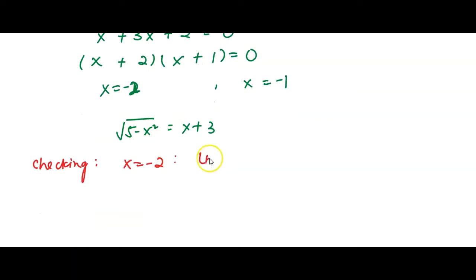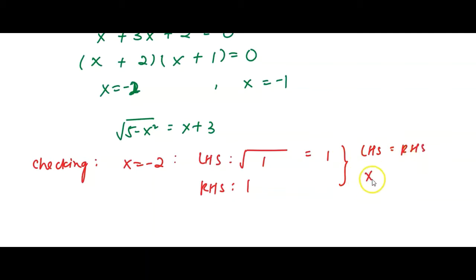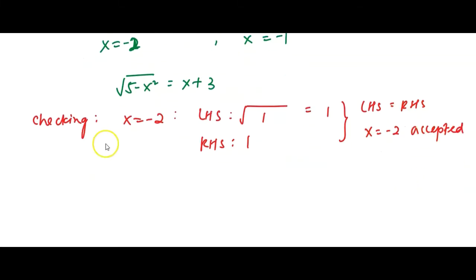When x equals -2, the left-hand side will produce square root of 5 minus 4, that will be square root of 1, which is 1. And the right-hand side, when x equals -2, also equals 1. Since the left-hand side equals the right-hand side, x equals -2 satisfies the equation. So we accept x equals -2 as our solution.